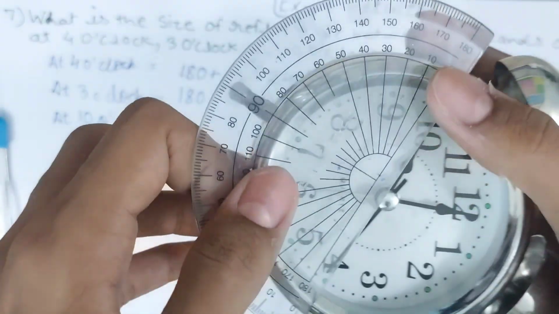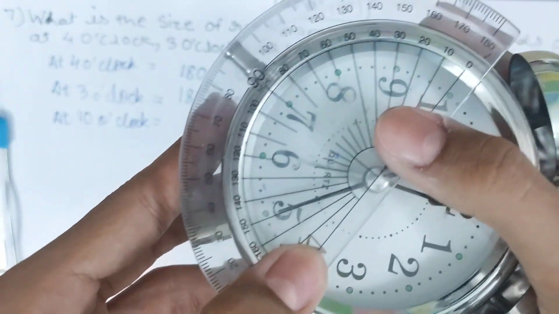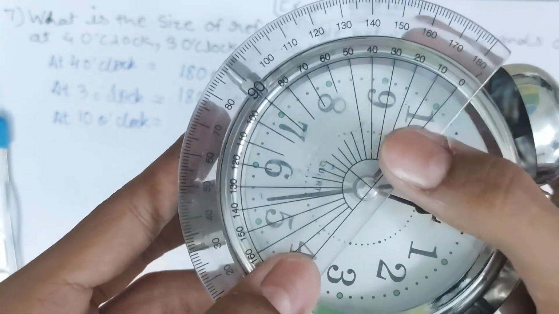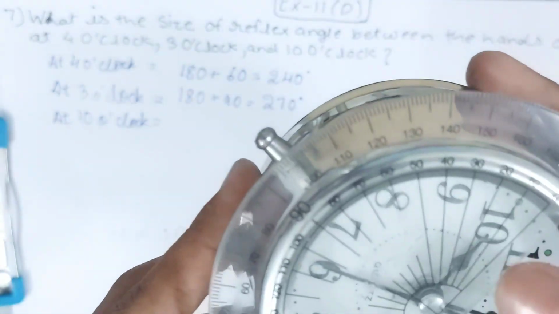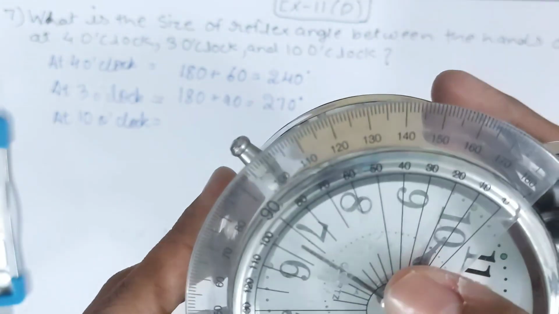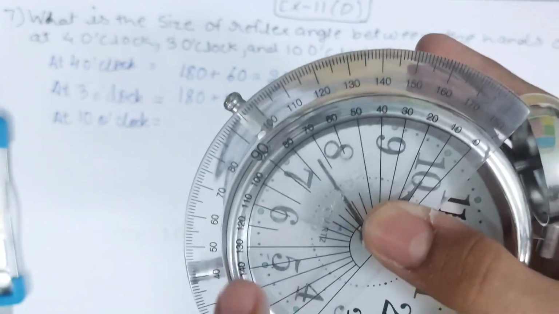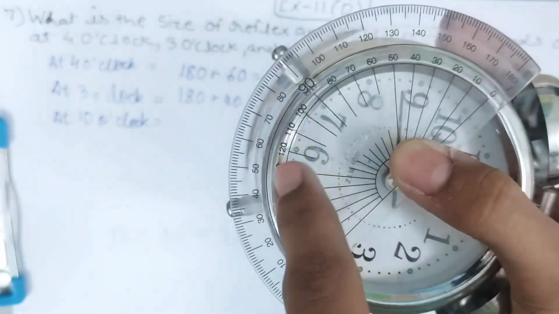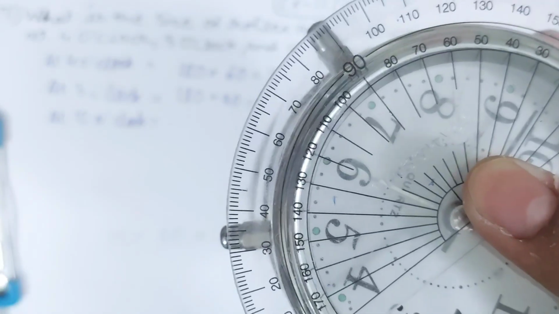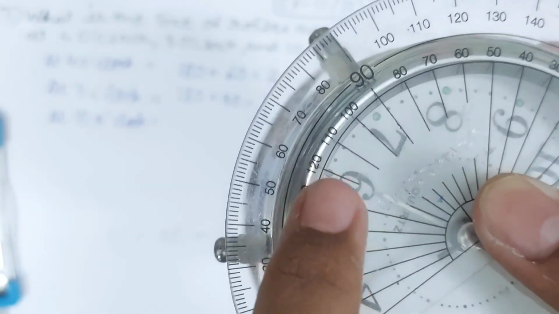Now we'll move to 10 and keep it here at 10, and now count what degrees are coming here at 6. See, 10 here at 0, right? And 6 here. So what do you get here? 120. Use the inner scale, as I said. My 0 is in the inner scale, so my final measure will also be in the inner scale. And if I try to show this to you, see, 6 is coming at exactly 120 degrees on this.